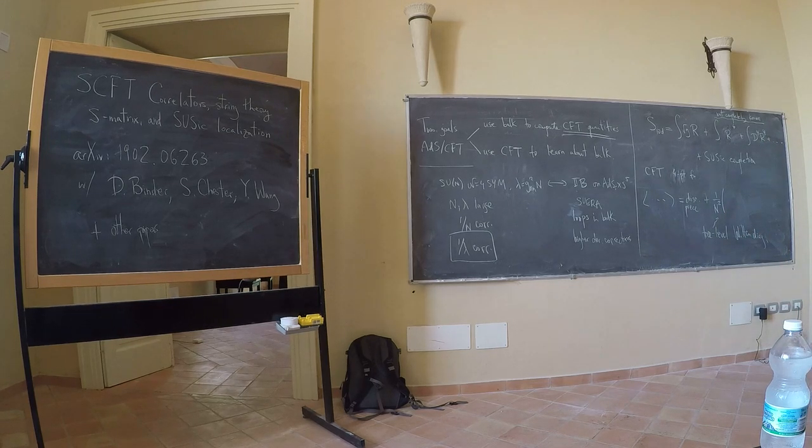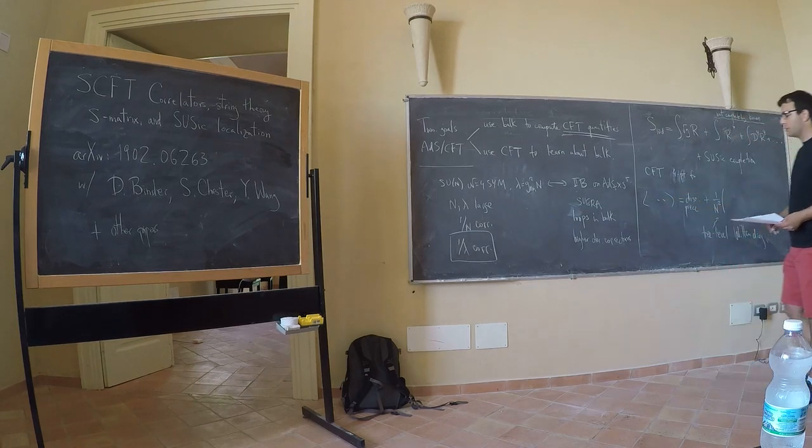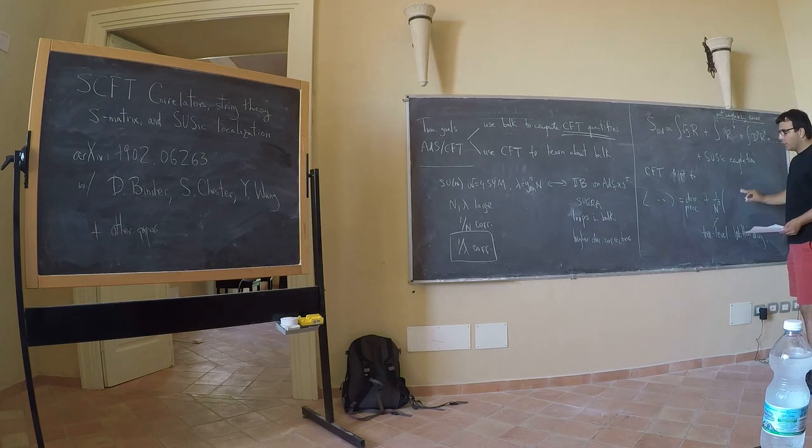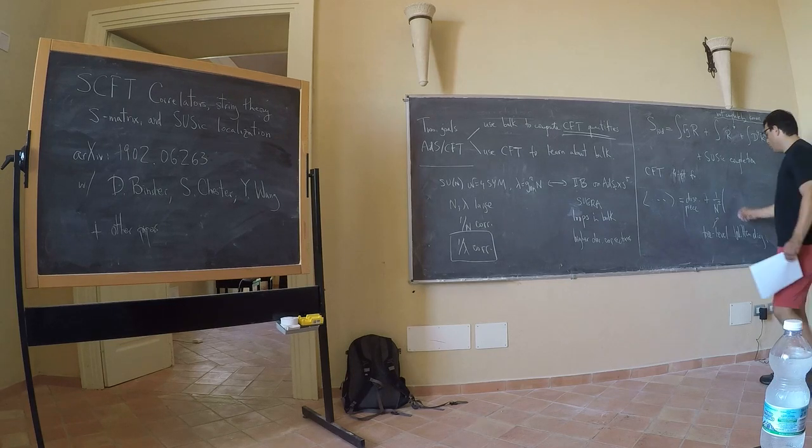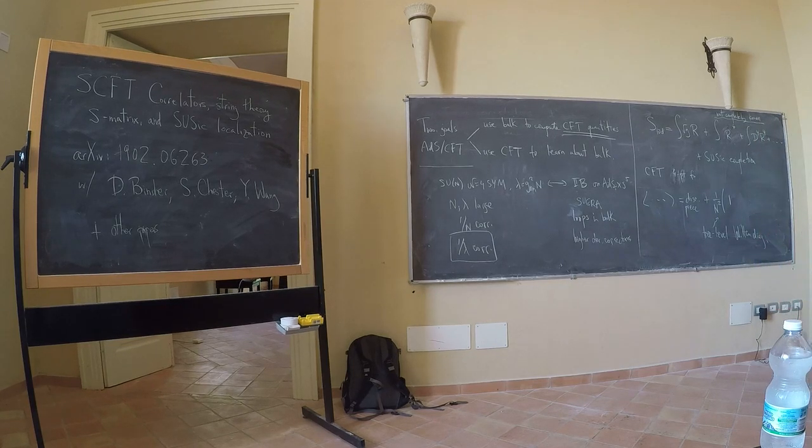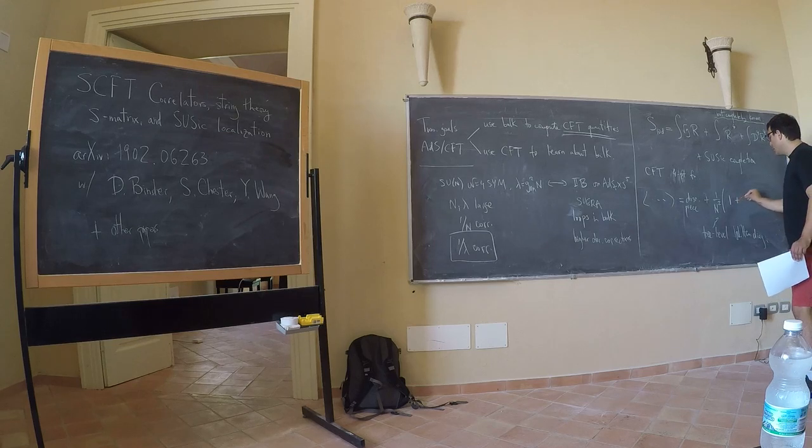Of course, all of these are functions of the coordinates of the points whose correlation function for the operators we're computing. But here I'm just showing what the dependence on N and lambda is. So the first term doesn't scale with lambda, lambda to the 0. The next term looks like 1 over lambda to the 3/2.